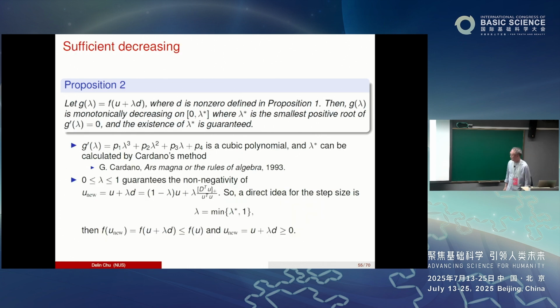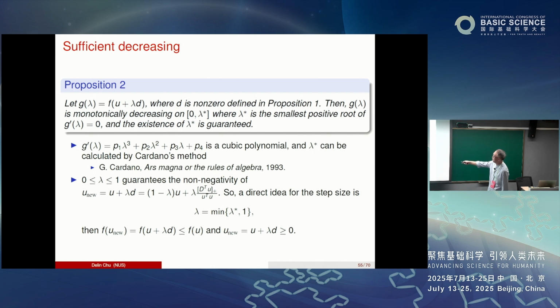Okay, let's consider how to choose an appropriate step size lambda. Let's denote g(lambda) equal to f(u plus lambda d), where d is non-zero as defined before. Then g(lambda) is a decreasing function on the interval from 0 to lambda star, where lambda star is the smallest positive root of g prime(lambda) equal to 0.